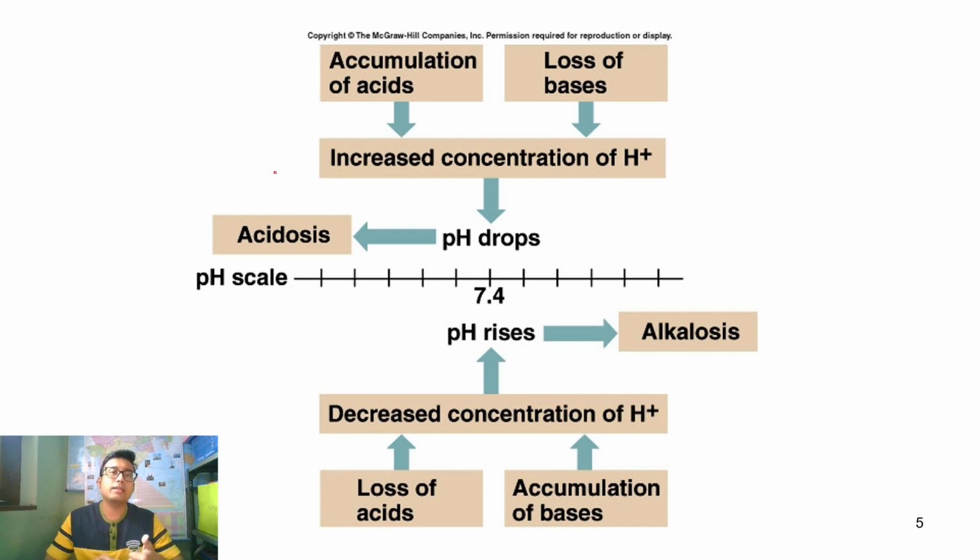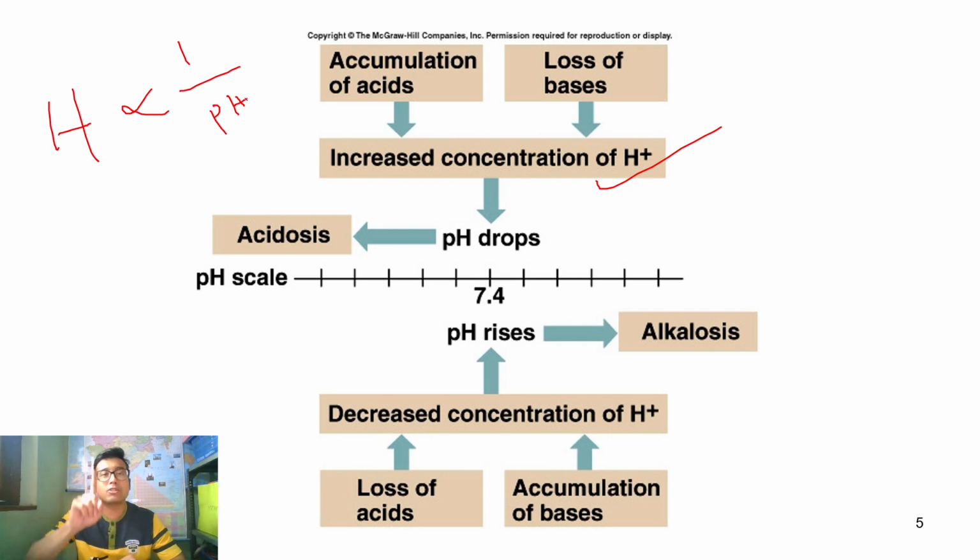Number one, by accumulation of acid, or by loss of bases or the balancing anion. So acidosis means an increase in H plus. Remember, H plus is inversely proportional to pH, so when H plus goes up, pH goes down. Acidosis is lowering of pH, caused by excess accumulation of H plus or loss of OH minus or bases.